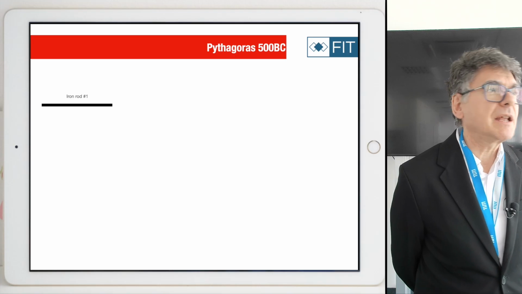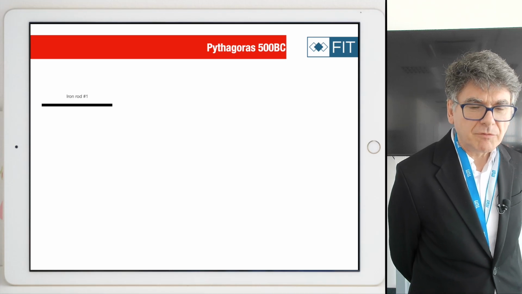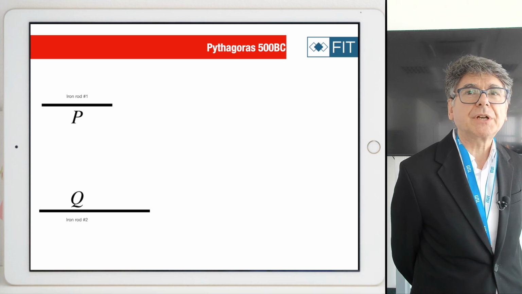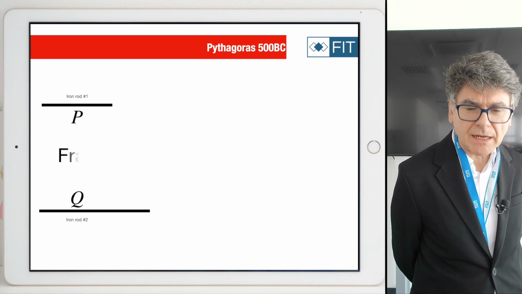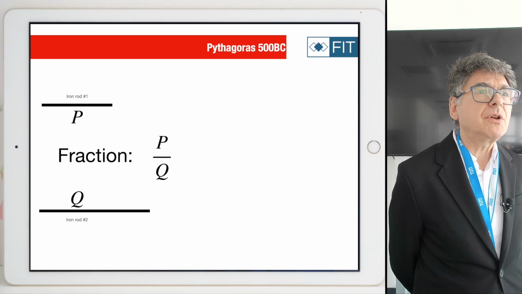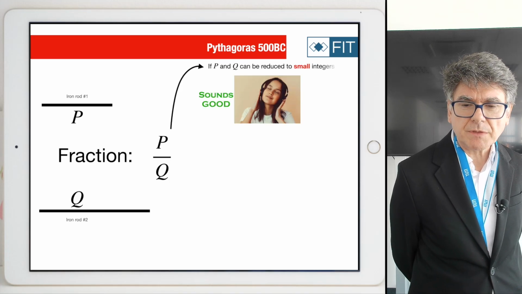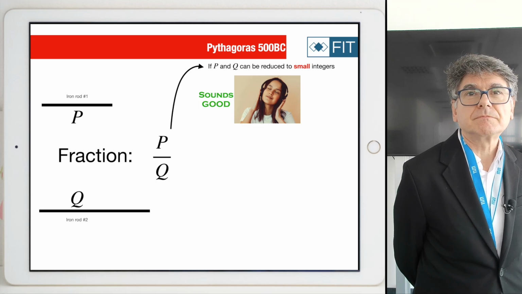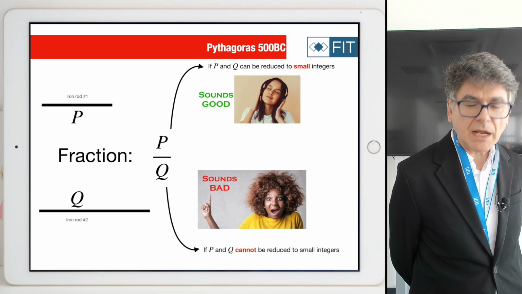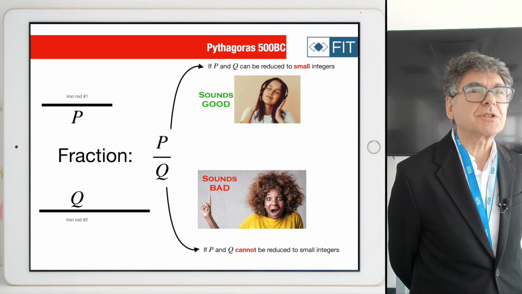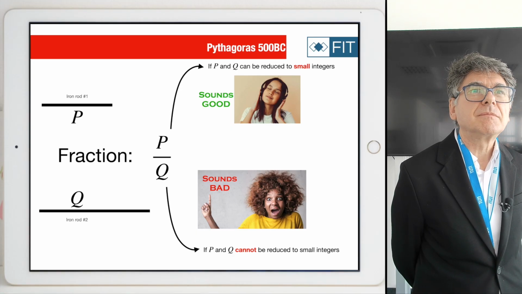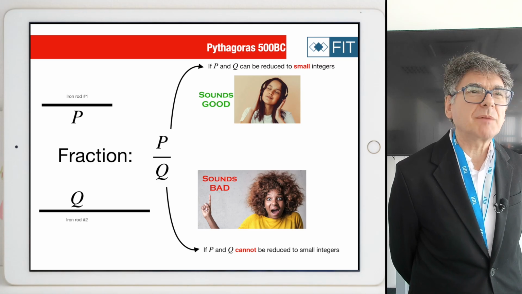So he did a little bit of research, and he found that if you have two iron rods of different lengths, P and Q, and the fraction P over Q can be expressed with very small integers, they sound very good. But if you cannot express them with very low integers, they sound very bad. That's a very interesting observation.